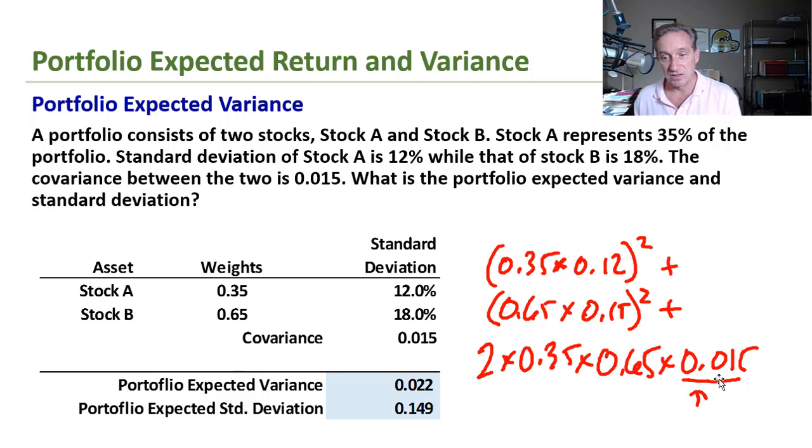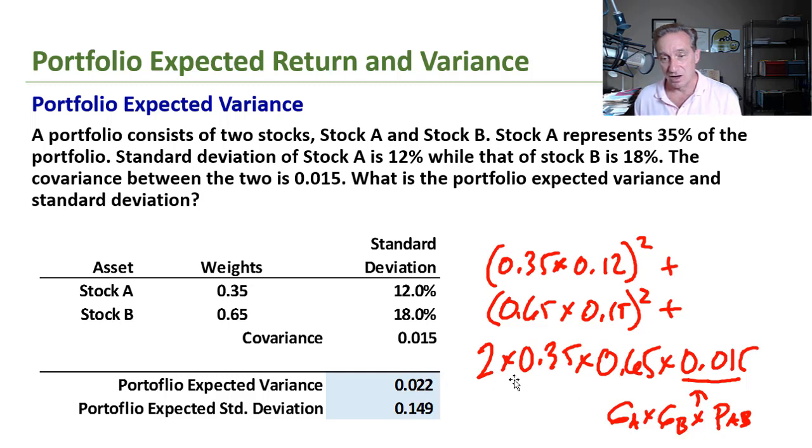If I didn't have the covariance, I would need to compute it by taking the standard deviation or volatility of A and multiplying by the standard deviation or volatility of B and multiplying by the correlation between the two, rho of A and B. You'll notice I do have the standard deviation of A and B, but I don't have the correlation.